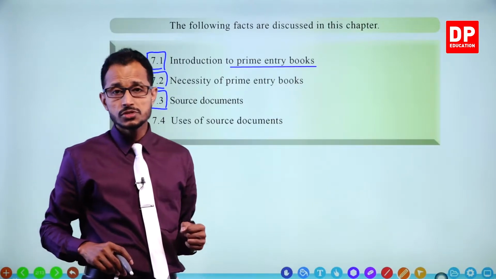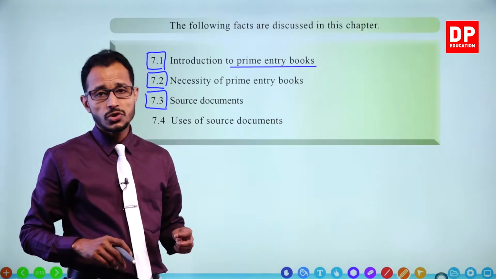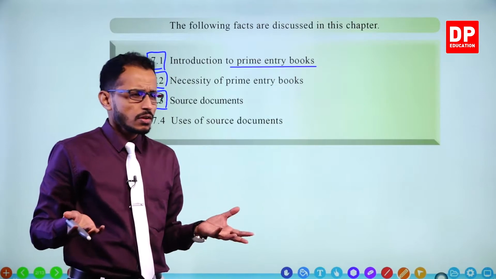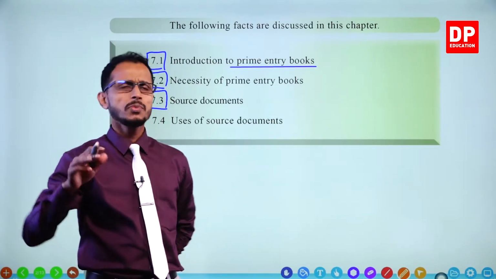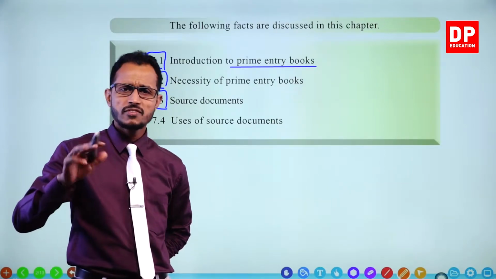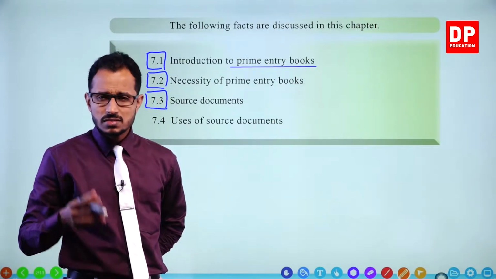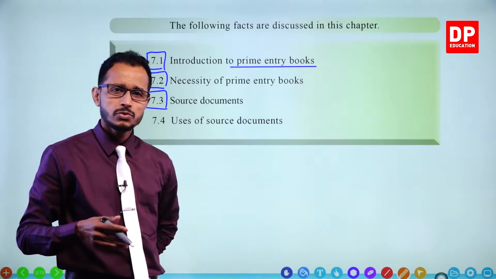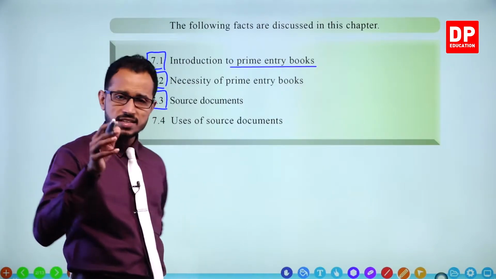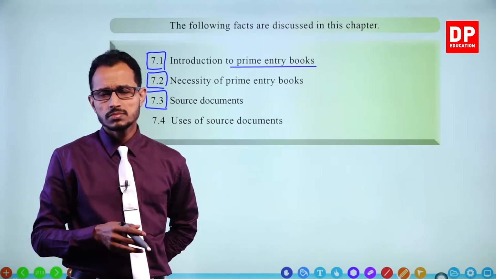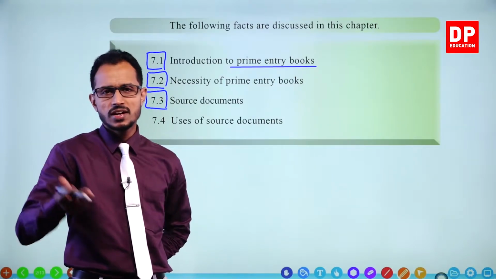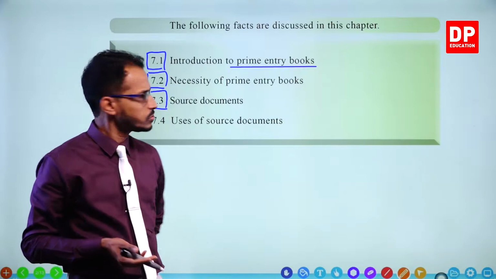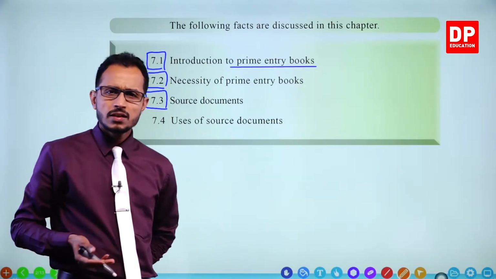Then we get something new again: source documents. I'm sure that some of you may have heard of these things, but most of you are finding them new, which means you haven't heard them before.